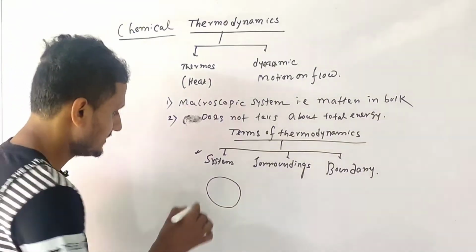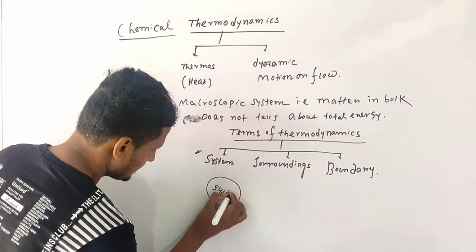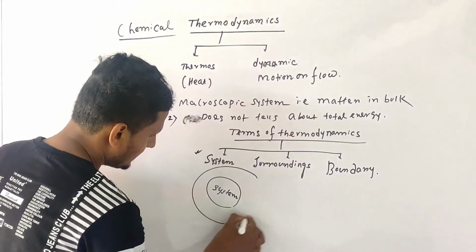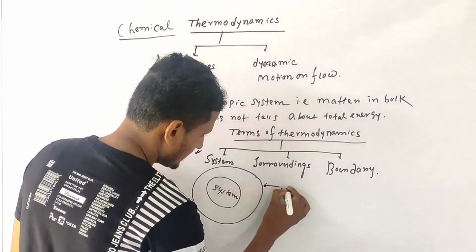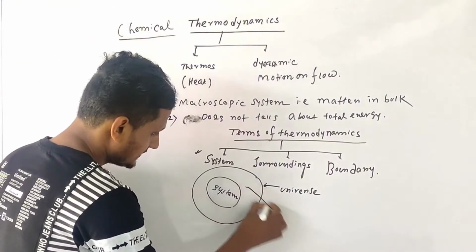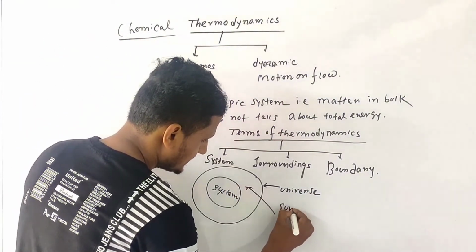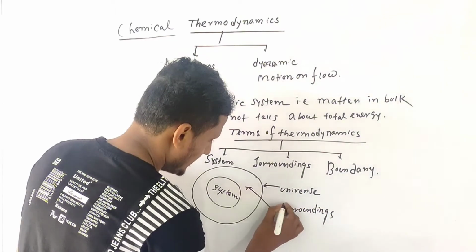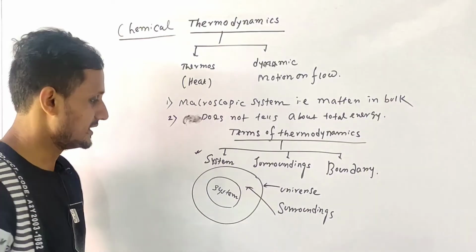This is a system. This is the total universe. This part is called the surroundings.